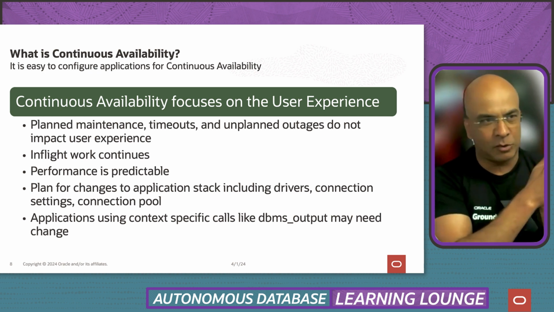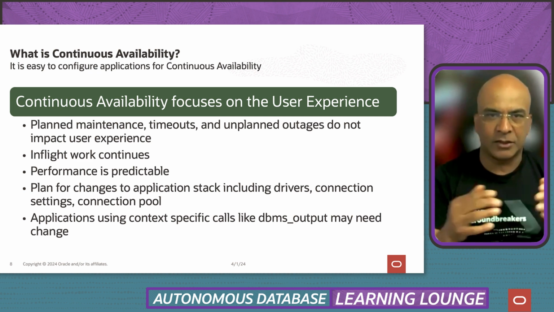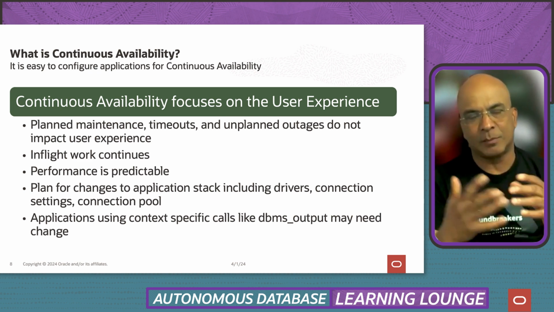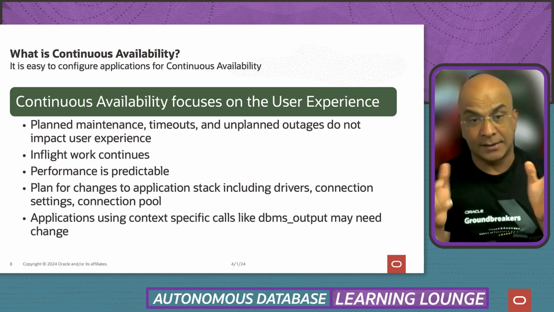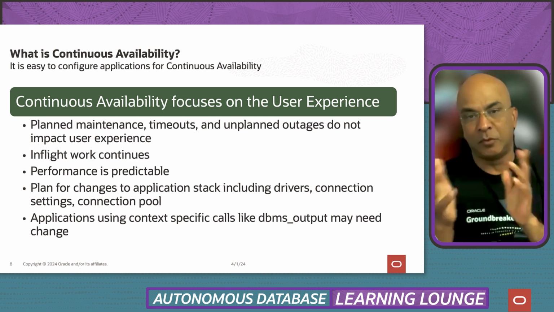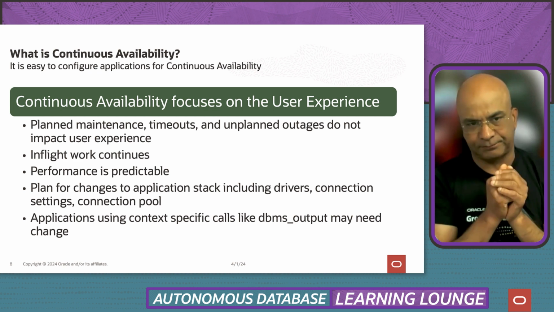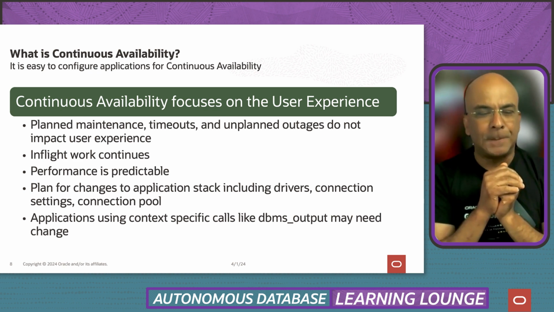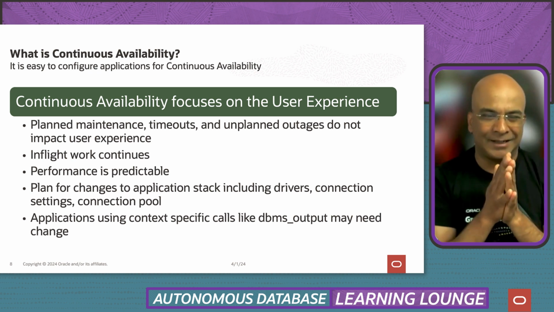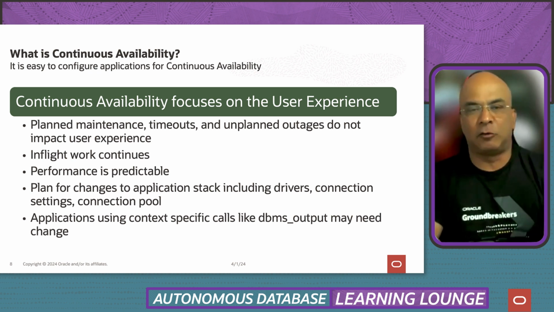I had a customer who's using a really, really old version of the driver, which doesn't understand some of our newer connect strings, connection settings, and connection pools. Some of the connection pools work with varying levels of things. You may have some application that does things like DBMS output.